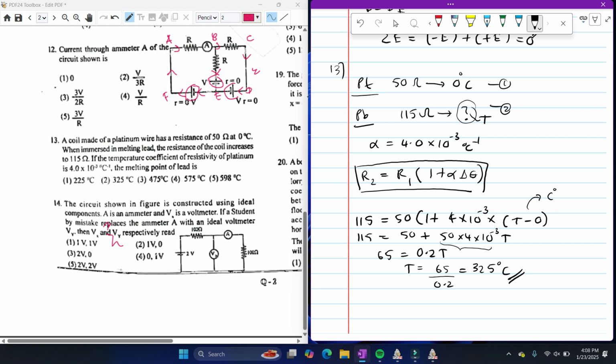The answers are already in Celsius, so just underline 325.